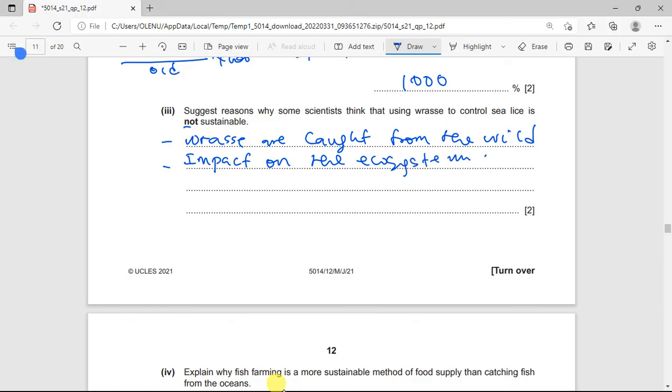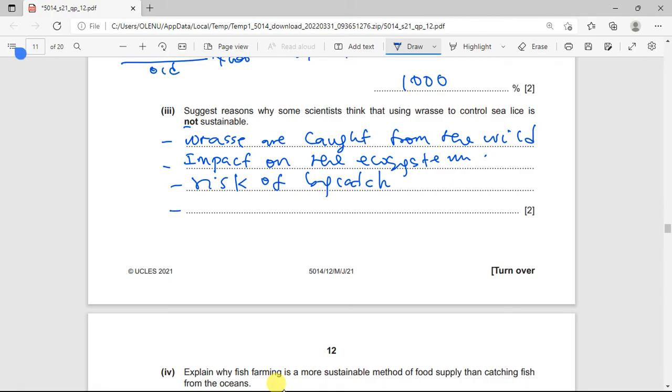And find out that there can be risk of bycatch in this process. So the fishermen can have bycatch instead of just catching only the wrasse.